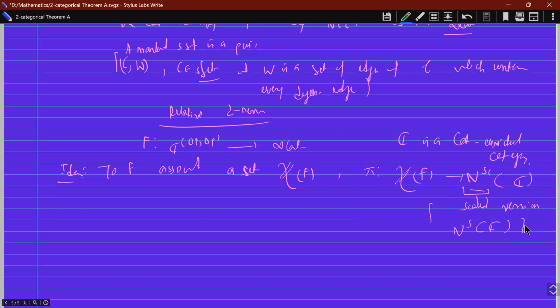So the relative 2-nerve construction is like an adaptation of the typical relative nerve construction to the 2-categorical world, right?